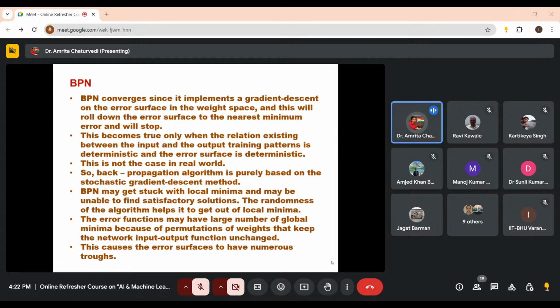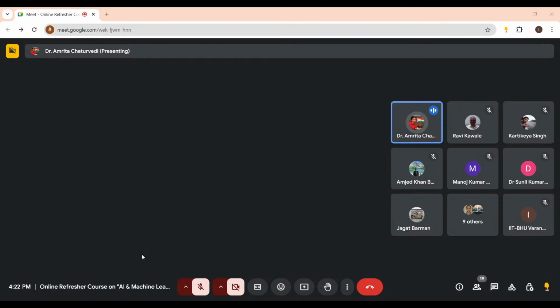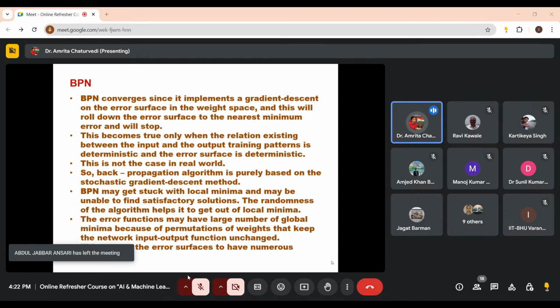First order differential is nothing else but the gradient of a curve. So it is calculating the gradient and descending that gradient in each iteration. It is implementing a gradient descent on the error surface in the weight space, and this will roll down the error surface to the nearest minimum error and will stop after that.